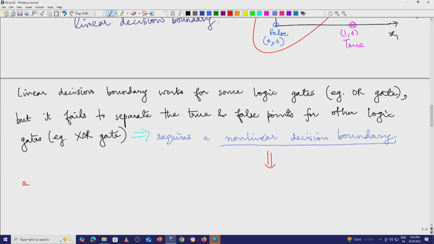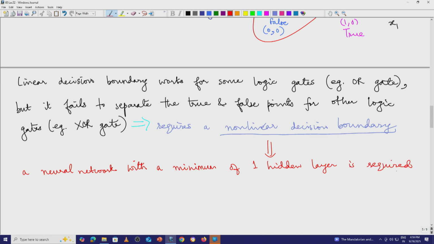So a neural network with a minimum of one hidden layer is required to implement the XOR logic gate. Okay, I hope it makes sense, right.